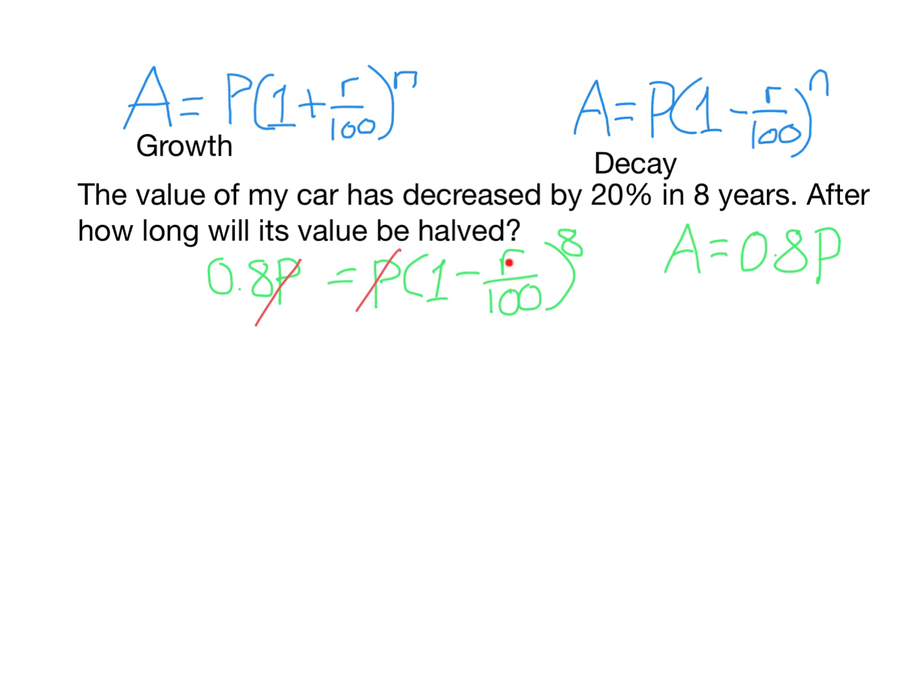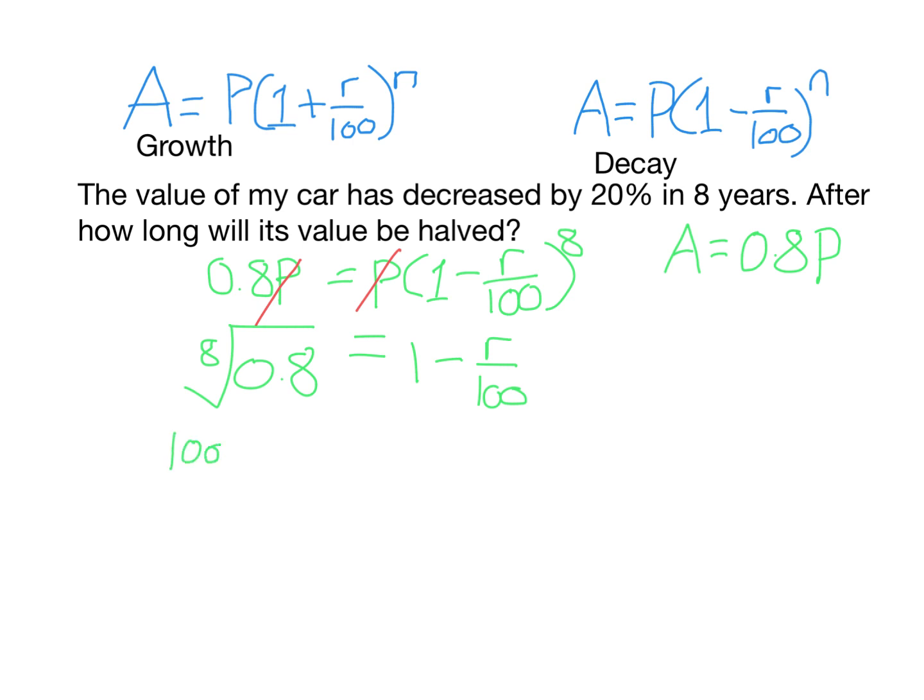And the R is in just one spot, so I undo what's been done to R in the opposite order to BIDMAS. So first thing I'm going to do, undo to the power of 8 by taking the 8th root. So 8th root of 0.8 equals 1 minus R over 100. Now to get R by itself, we just undo in the opposite order to BIDMAS. We subtract 1 from both sides, and then we times by negative 100.